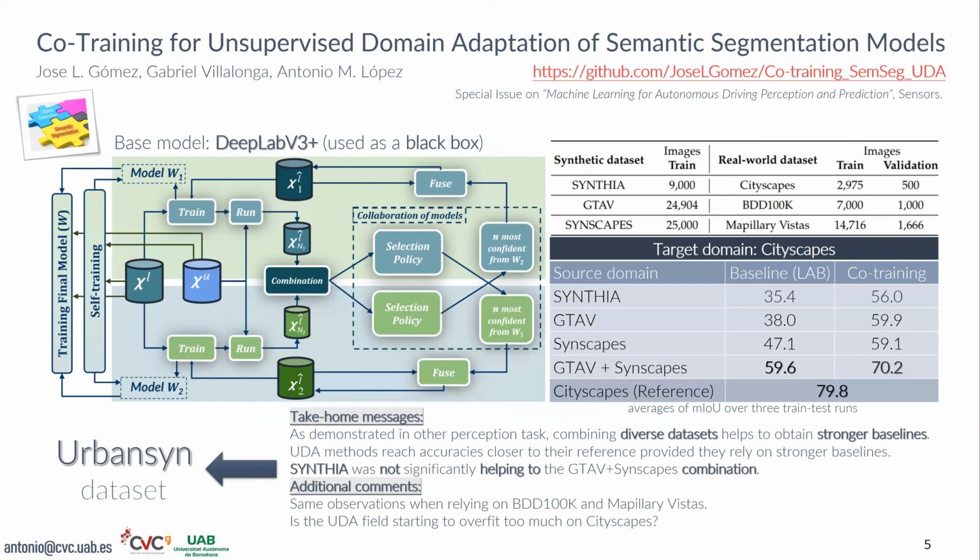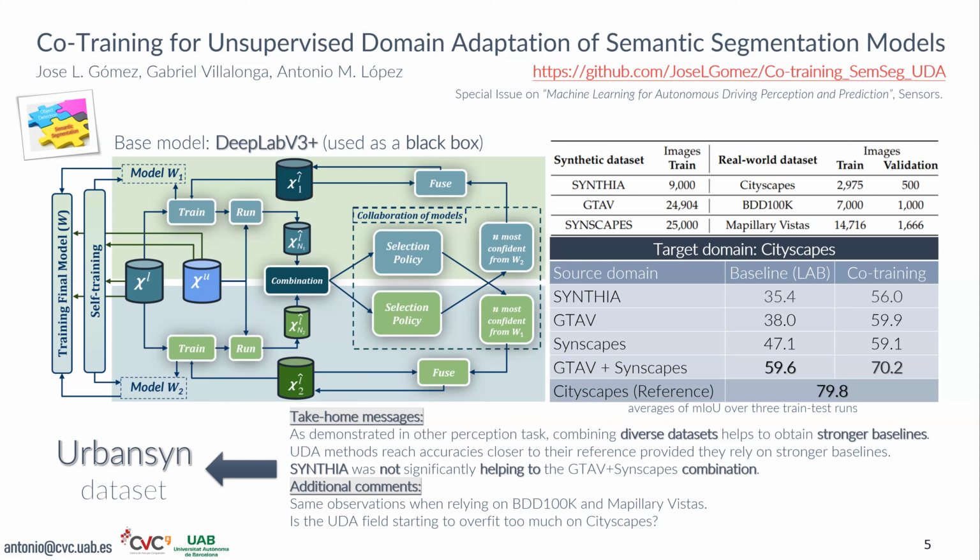But the point was that it was super clear that we should combine synthetic datasets to get more diversity rather than using the available datasets one by one, like GTA, Synthia, Synscapes. If you combine them, you are going to have a stronger baseline. And I'm particularly interested in always starting with a strong baseline, because otherwise you can be producing illusory gains in the field.